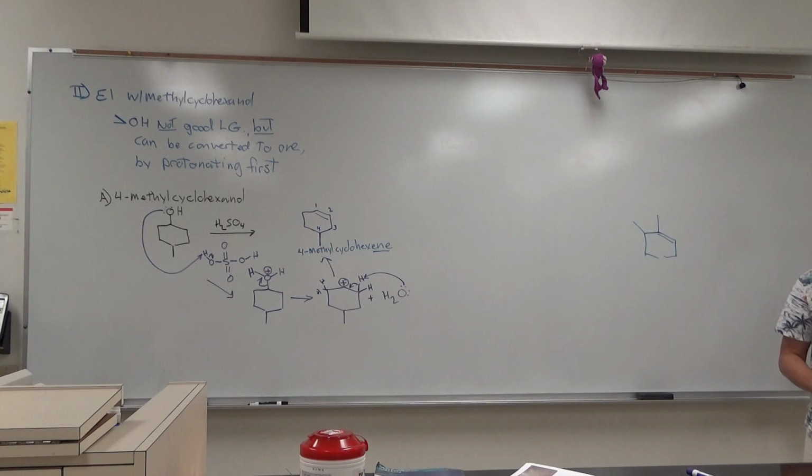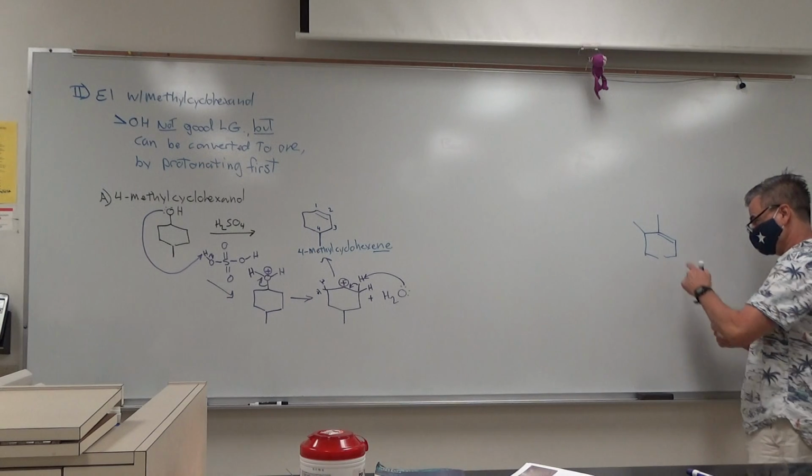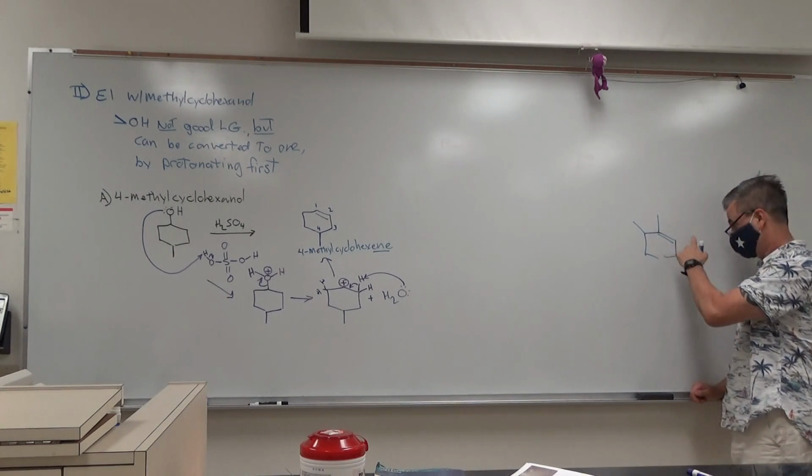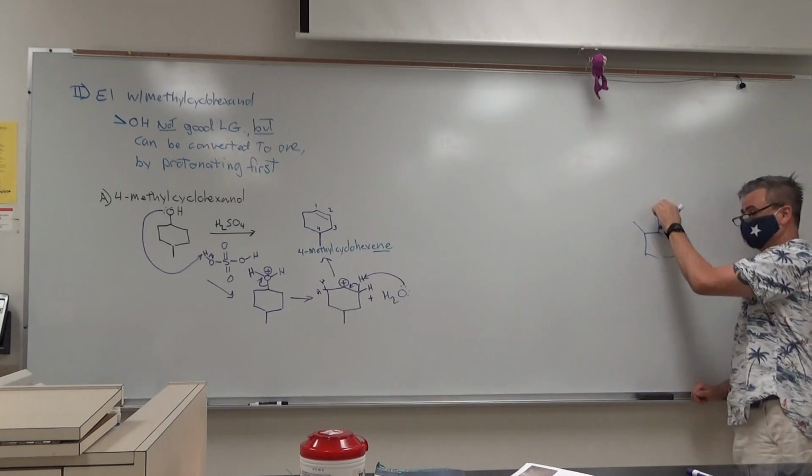Which one do you put carbon 1 and carbon 2? Is that carbon 1 or is that carbon 1? Left or right? Right. No, that's carbon 1, and then you go all the way around. Why? Because that's the first substituent.